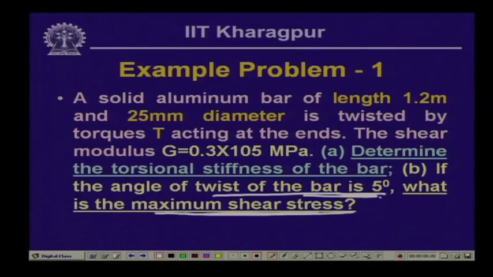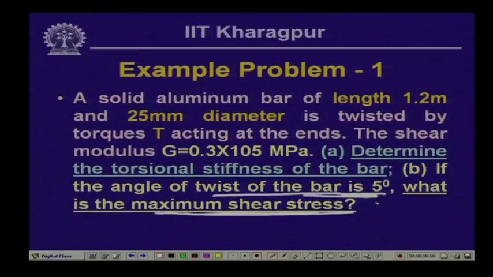Now, in the same bar, when it is rotated and if the angle of twist over the length is restricted to 5 degree, then what will be the maximum shear stress that will be generated on the surface of the bar? Now, let us look into this particular part of the example.